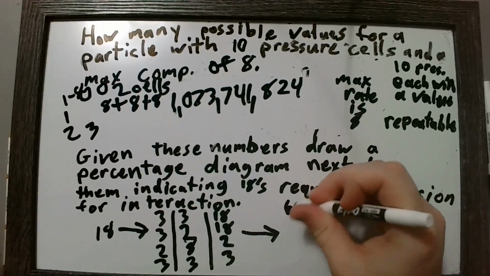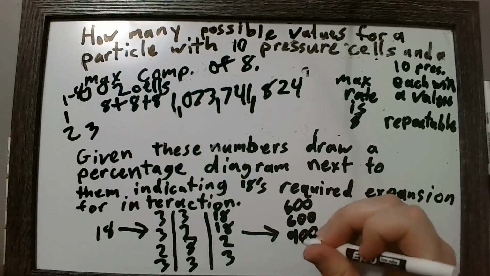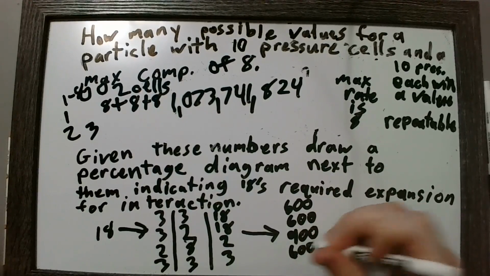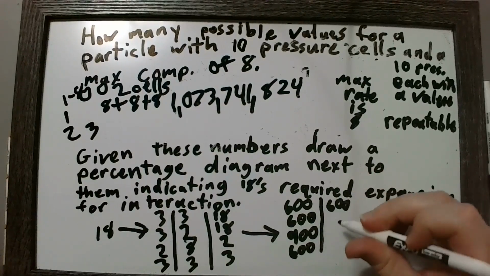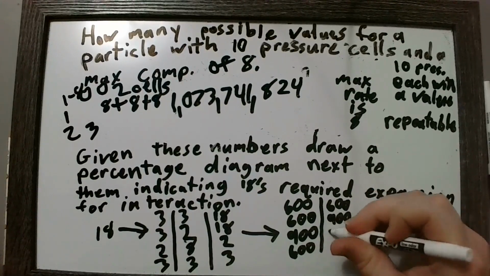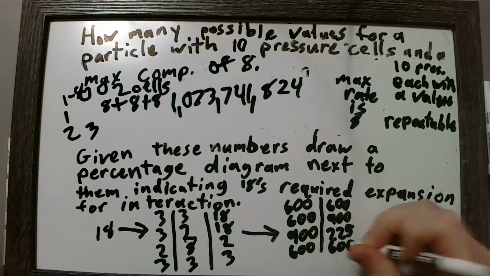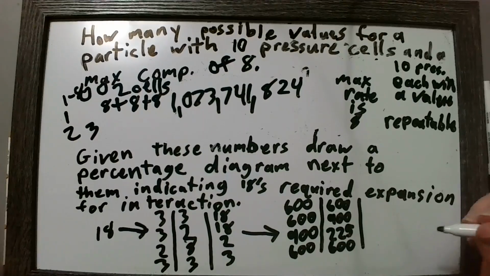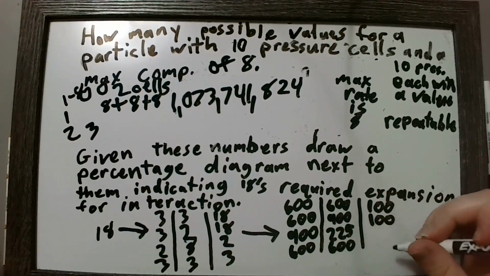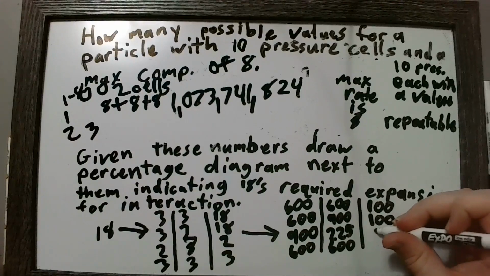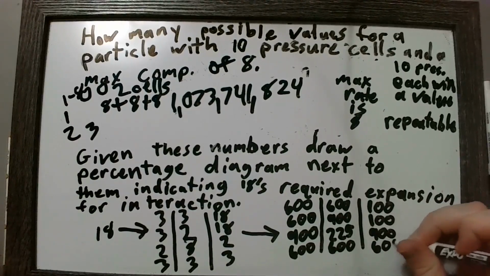They are 600, 600, 900, 600, 600, 900, 225, 600, 100, 100, 900, and 600, right?